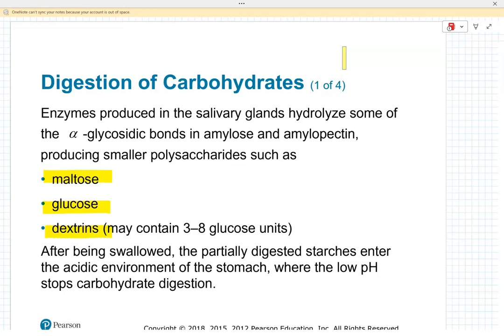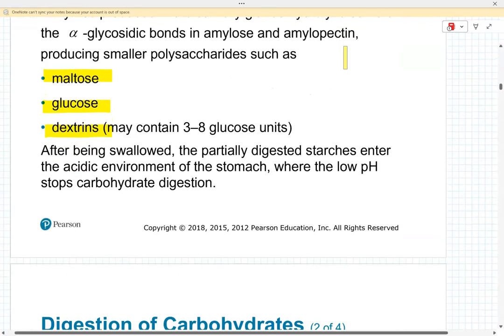Okay? So the breakdown of carbohydrates starts in your mouth. Did I mention that about amylase? Yeah. It starts in your mouth. Then it doesn't happen in the stomach because pH is so low and enzymes cannot function there.